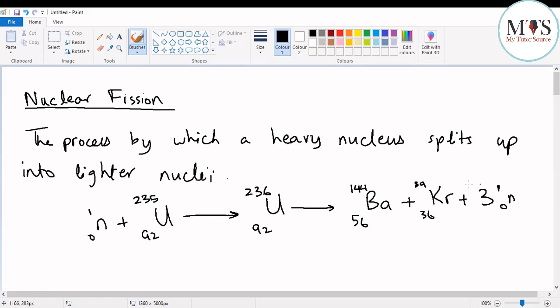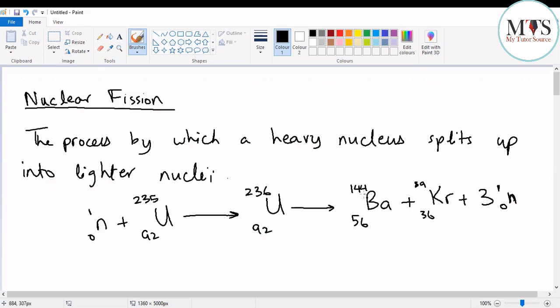This symbol represents a neutron. The production of neutrons is basically a feature of fission reactions.